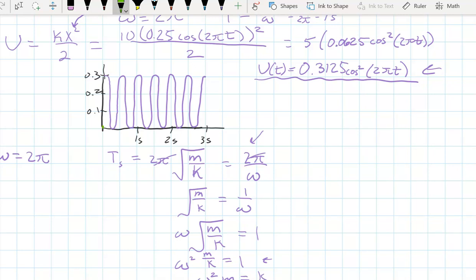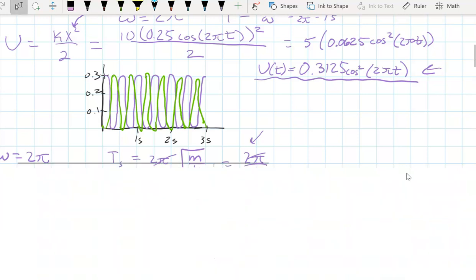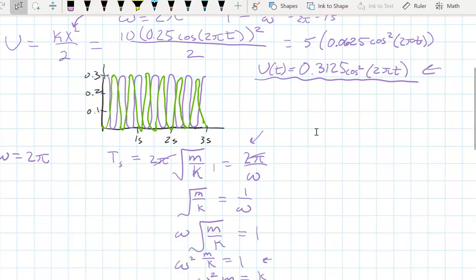So whenever the potential energy function is at 0, the kinetic energy function will be at a maximum, and vice versa. And that's adding the kinetic energy function along with the potential energy function. So this problem was a little bit complicated, but we just used what we knew to figure it out. And it makes sense in terms of the concepts that we've learned.